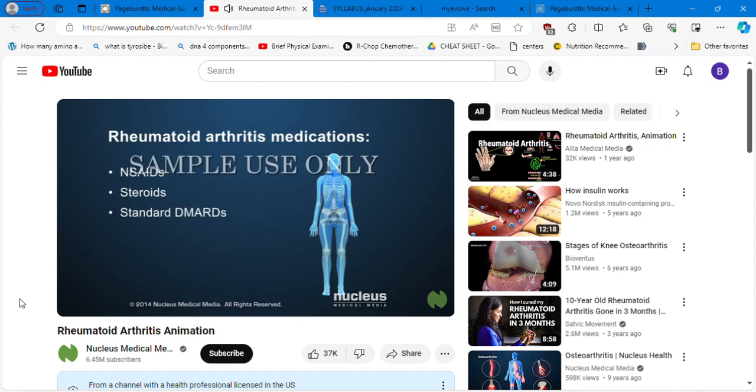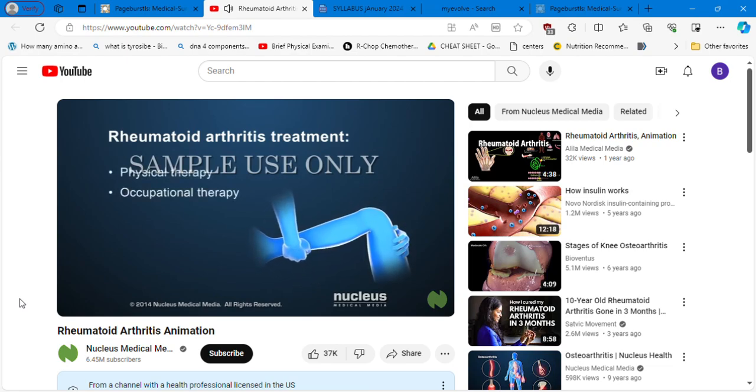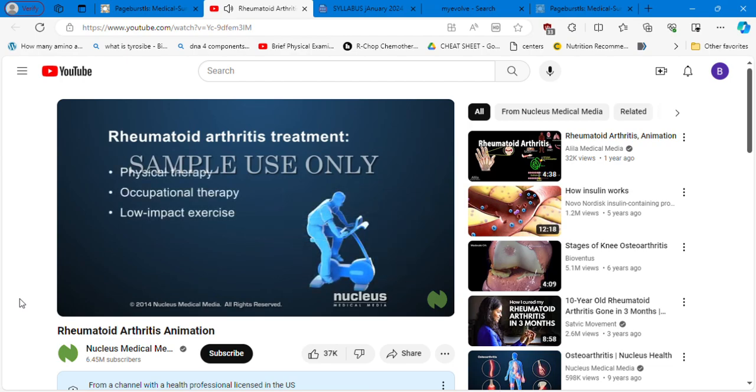If standard DMARDs aren't working, doctors may prescribe newer drugs called biologics, also known as biologic DMARDs. Physical and occupational therapy, along with low-impact exercise, can increase muscle strength and help keep joints limber.